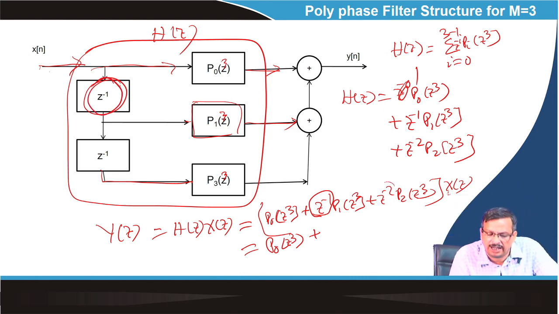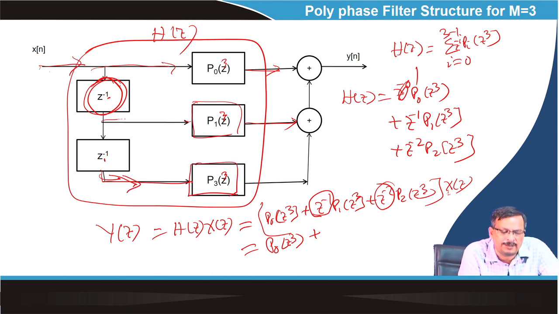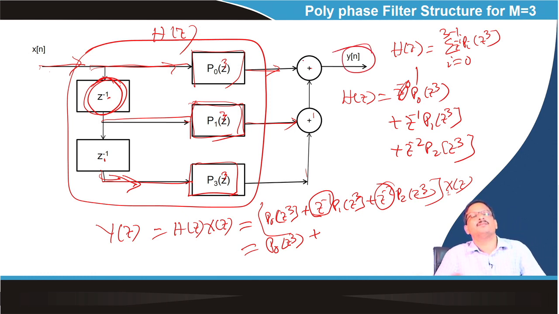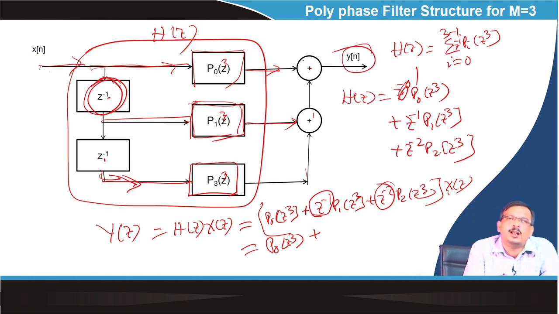So that's why I delay by one sample. Some x will be delayed by two samples, so z to the power minus 1, z to the power minus 1, delayed by two samples. So the two-sample delayed signal will pass through p2 z cubed. The one-sample delay goes through p1 z cubed, and no delay goes through p0 z cubed. All are added together, I get y of n. So this is called the polyphase structure for m equal to 3.